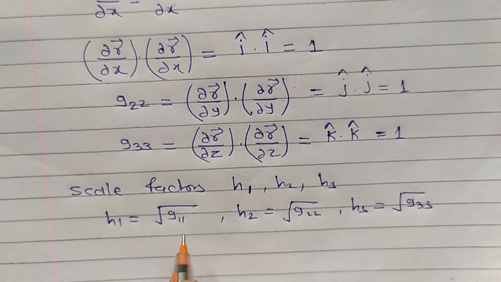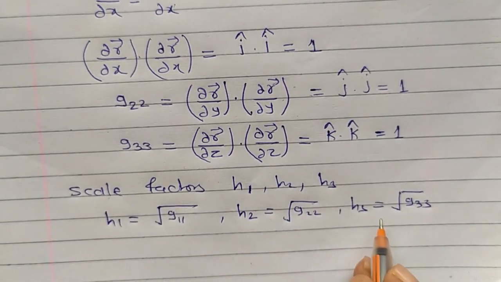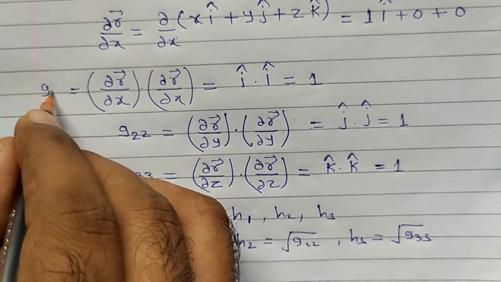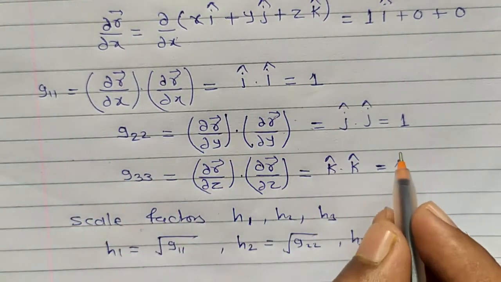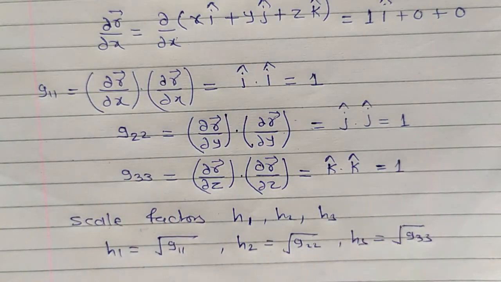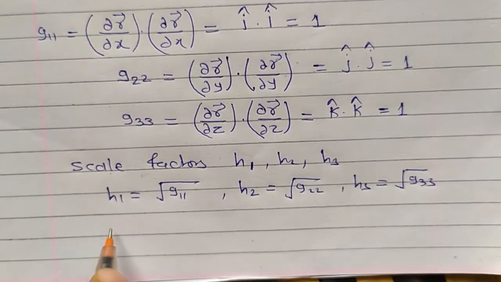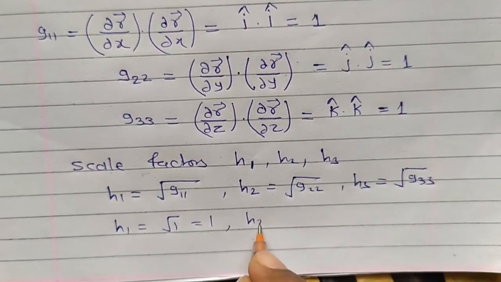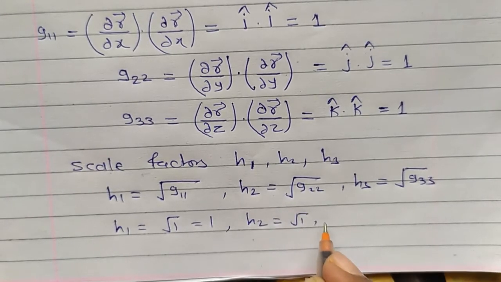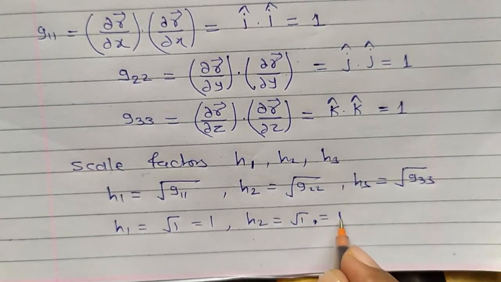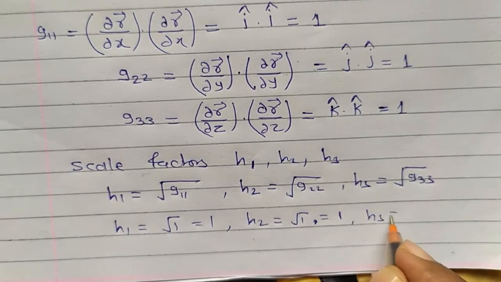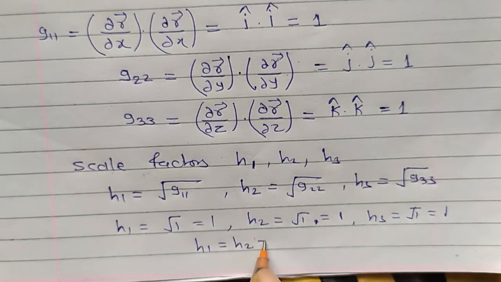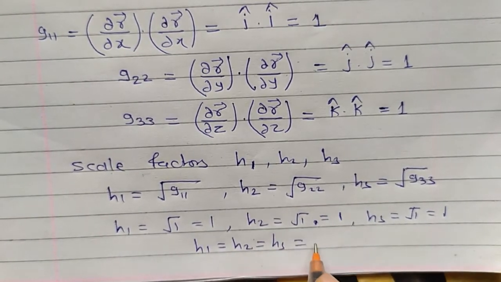You know g11, g22 and g33 are 1. So if you put, it will be root of 1, which is equal to 1. Similarly, h2 is equal to root of 1, which is equal to 1, and h3 also root of 1, which is equal to 1. So what I can say, h1 is equal to h2 is equal to h3 is equal to 1.